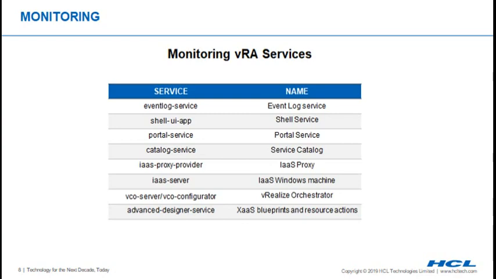Okay, so each service holds some meaning and critical functionalities. The subsets of services are required to run individual product components. For example, the identity service and the UI core service must be running before you can configure a tenant. So some of the important services I've listed in the table shown.